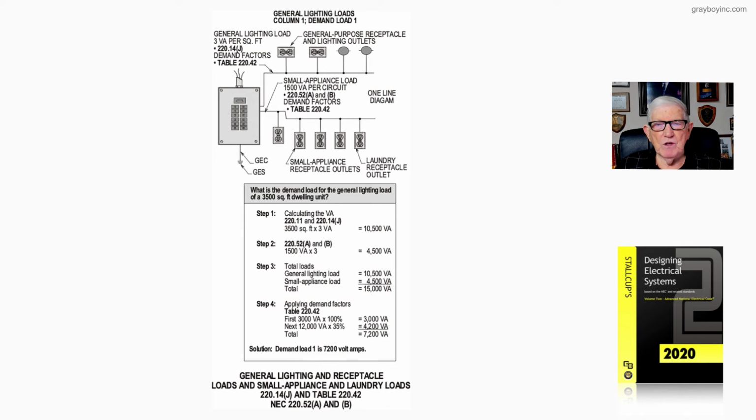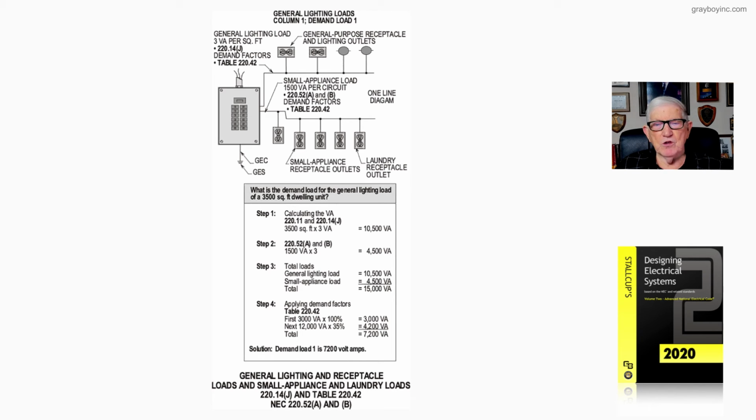Now, step 3, we take the general lighting load calculated in step 1 at 10,500. The small appliance circuit in step 2, 4,500. We get a total of 15,000 VA. Now we can apply a demand factor in accordance with table 220.42.